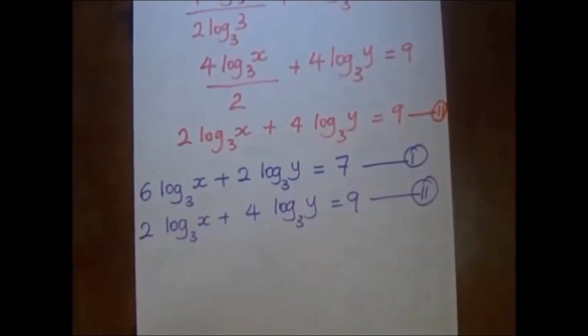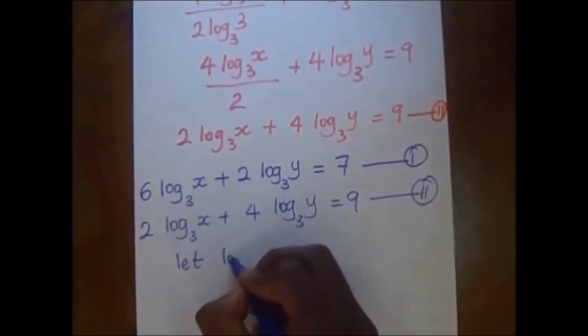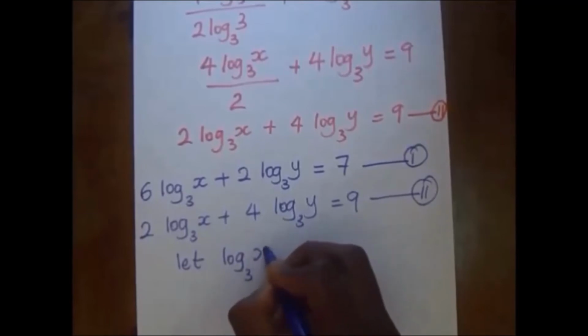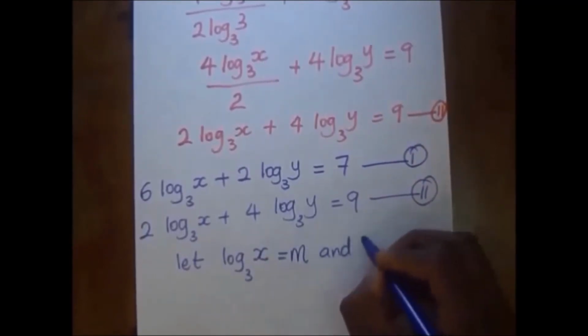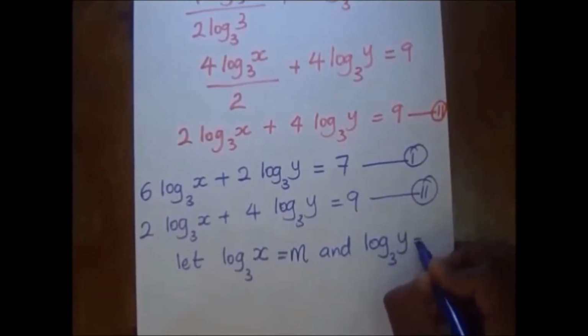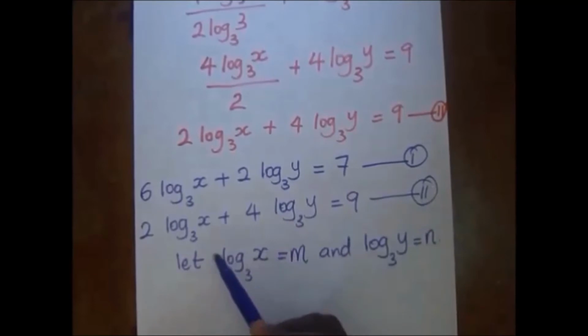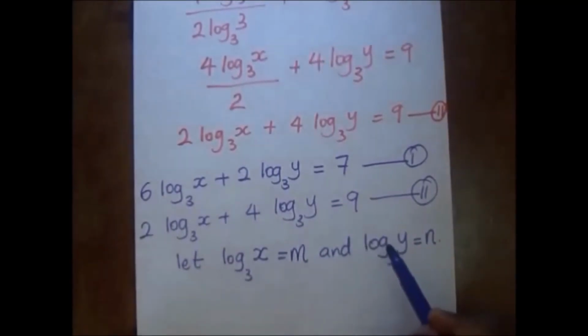Let us simplify their look. Let the log base 3 of x be equal to m and the log base 3 of y be equal to n. So where there is log of x base 3, we substitute m, and where there is log y base 3, we put n.